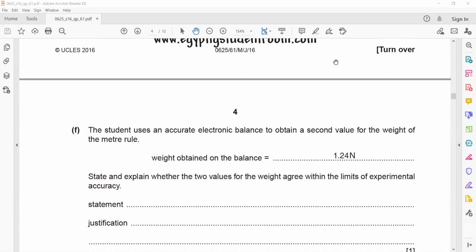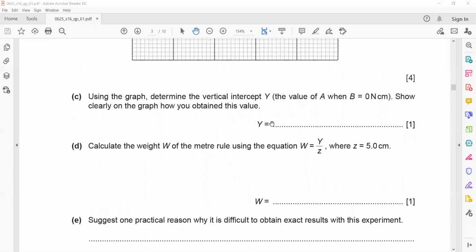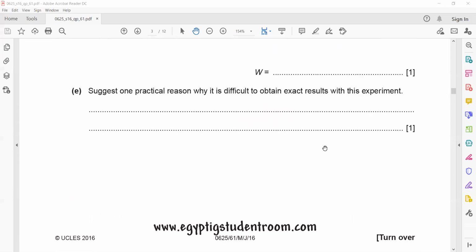In the marking scheme, there is a general expected answer. The expected answer for this one is yes, it should be equal. But because our value is coming out as 1, our value does not match the marking scheme. 1.24 does not match 1. They have a greater percentage difference.